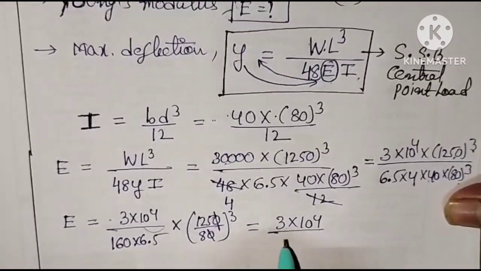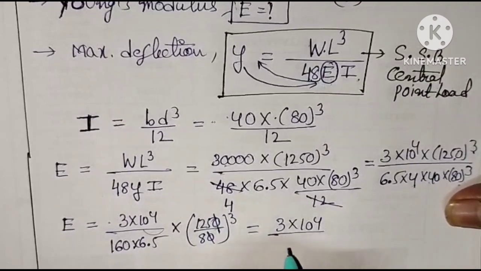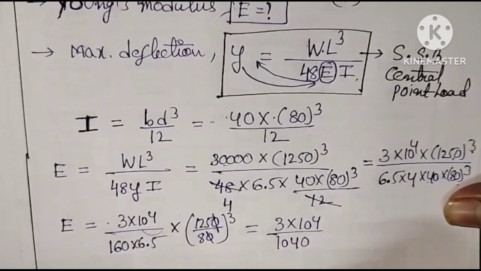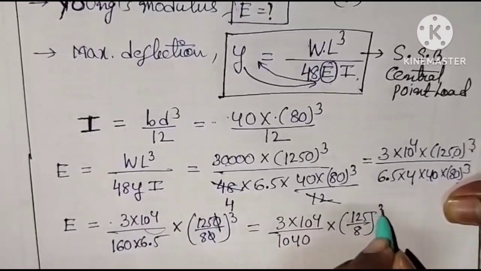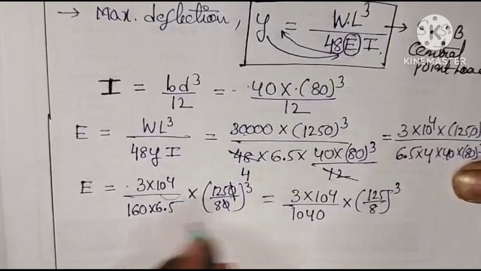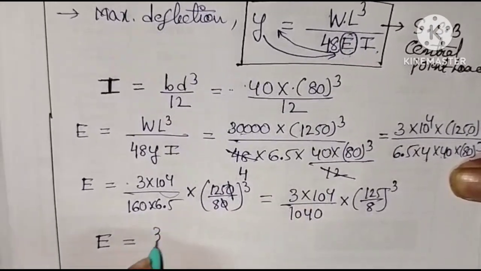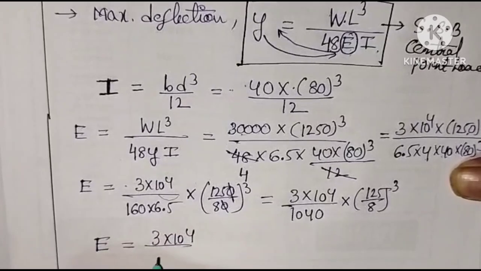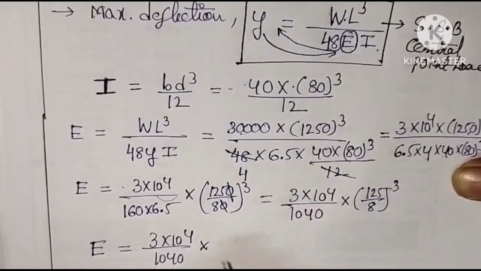So 3 into 10 to the power of 4 by 160 into 6.5, which is 1040, into 125 by 8 whole cube. If you simplify further, E is equal to 3 into 10 to the power of 4 by 1040 into 125 by 8 whole cube.